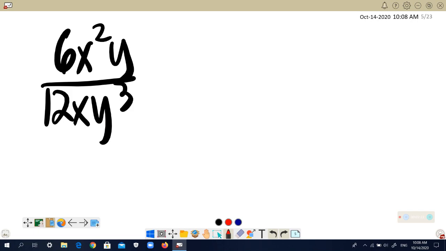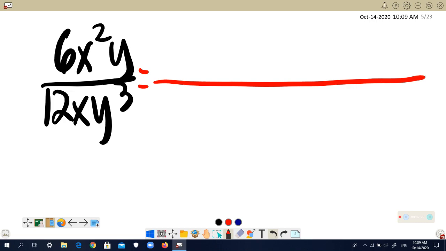Okay. So there are two methods on how you are going to simplify this. Let us have first the long method. So, wow, it's too long. Okay? The line is too long. So we have here to factor out first the numerator. If you are going to factor out, you are going to have the prime factors.